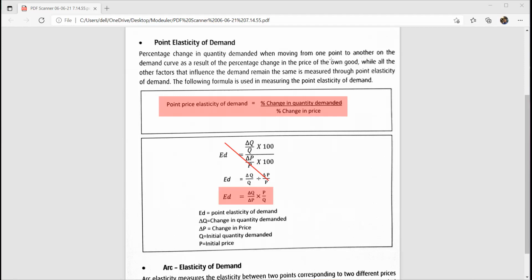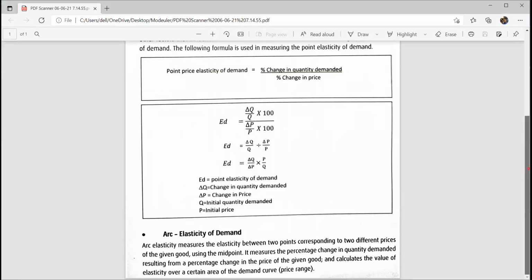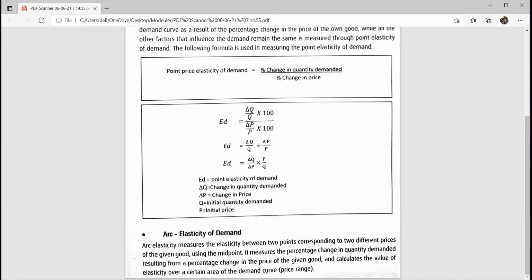Then the next, we can say arc elasticity. Arc elasticity means we look at a range. Earlier we considered a point. Right now we look at a range. It says arc elasticity measures the elasticity between two points corresponding to two different prices of a given good, using the midpoint.